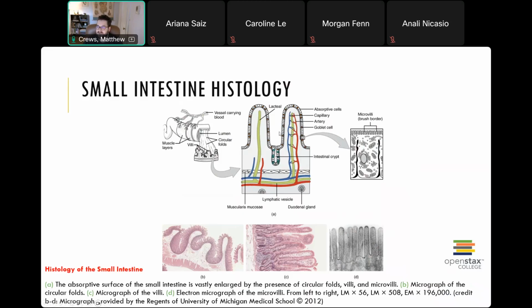Lacteals, and then you also have arteries and veins as well. The things that you're absorbing drain into the lymphatic ducts or lacteals, and then the veins as well. And all of this is supplied by the arteries. Any questions?